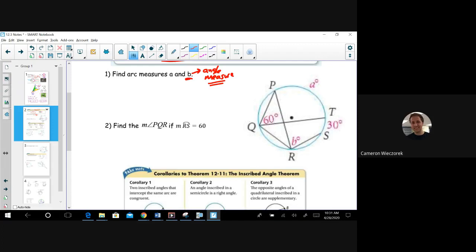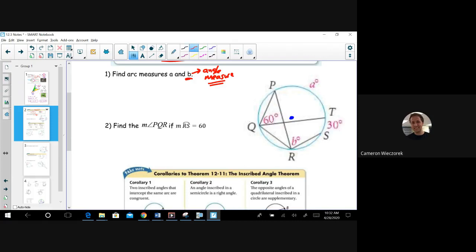So the first thing I'm going to do is I'm just going to kind of look to see. Let's start with A. Okay. Arc A, it would be helpful if I could trace it back to some type of inscribed angle. I don't see any central angles in the picture because there's no radii coming out of this blue dot at the center. So central angles are not going to help me for this problem.